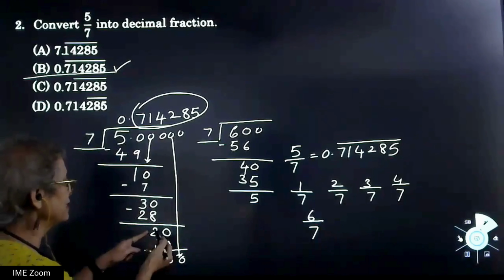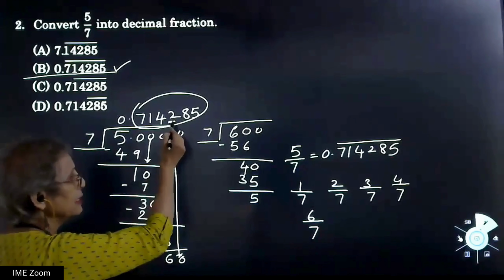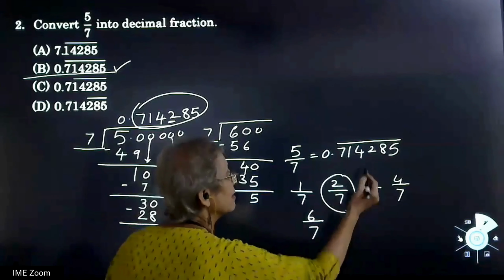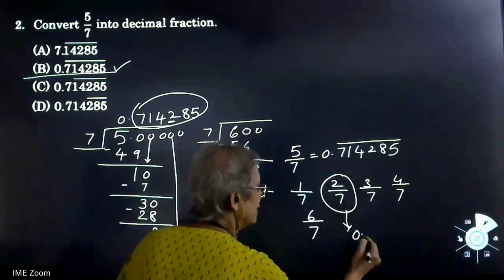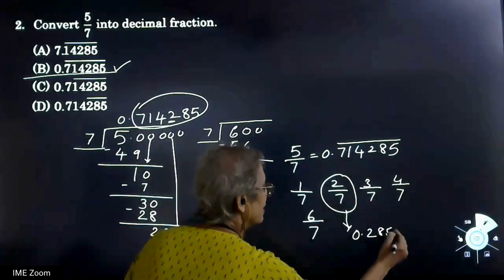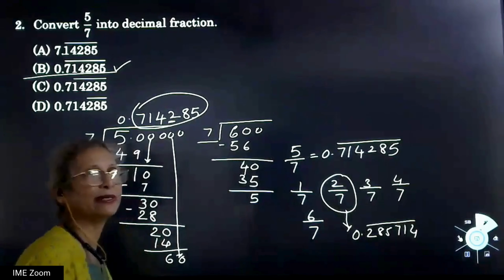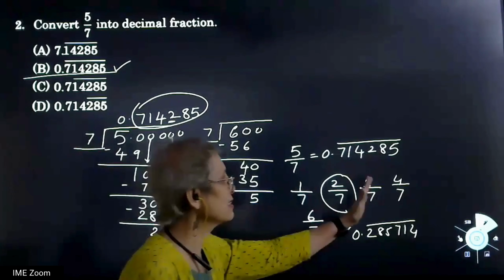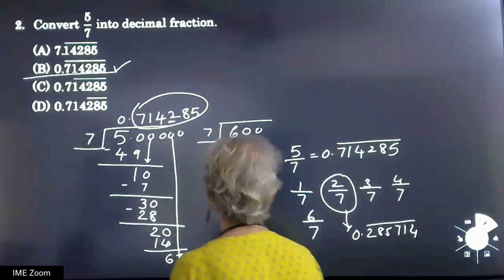So 7 2s are 14, so from here it will start, and the answer will be 0.285714. The digits will be the same, only the order will be different. So you try these four at home. Practice this sum. Let us do the next sum.